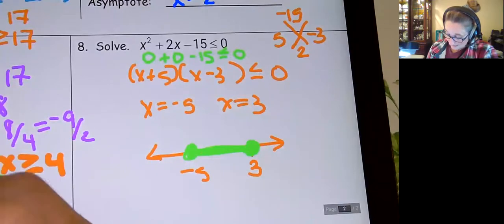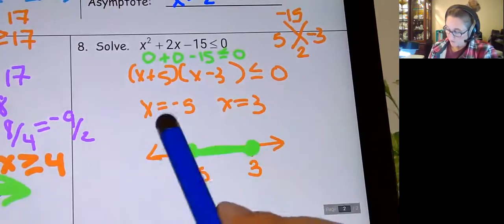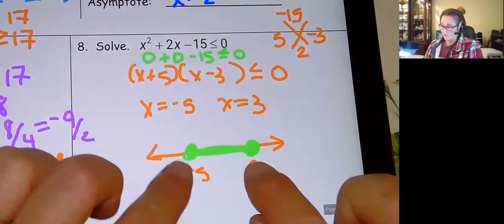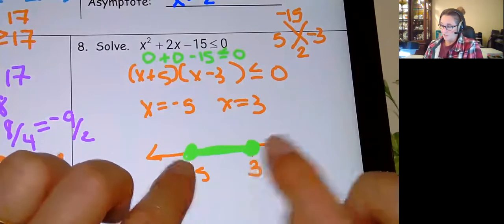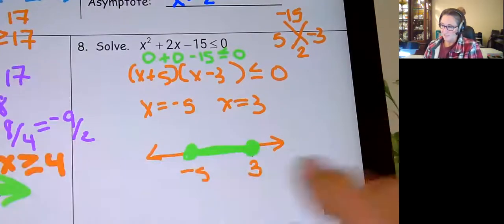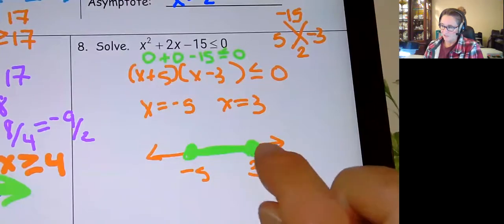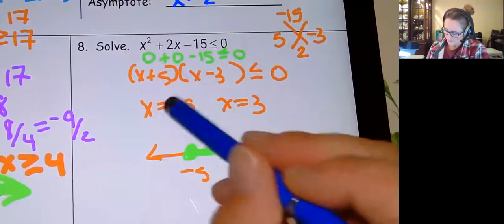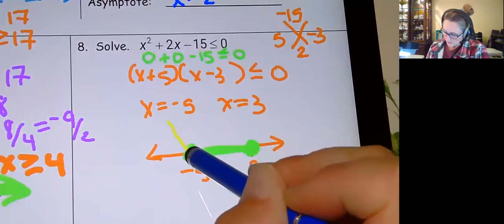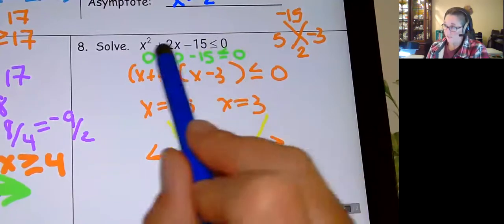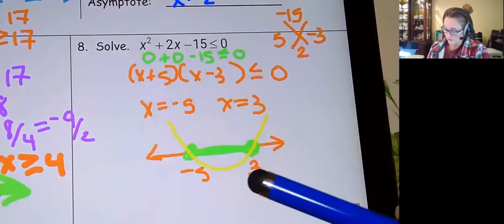Now, the way I think about it, instead of testing a value, I know that these two boundary points, if I'm thinking of this almost as an x-axis, this would be an x-intercept, this is an x-intercept. This is a parabola. I know this parabola is an open-up parabola because I can see that it has a positive a.